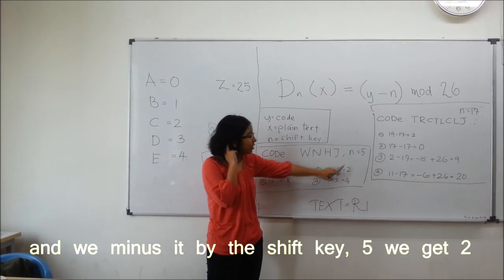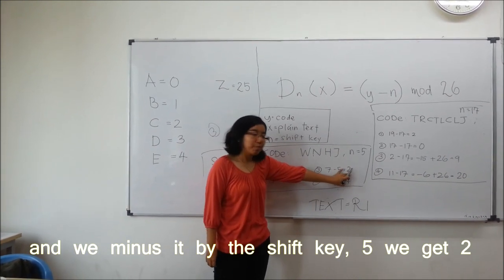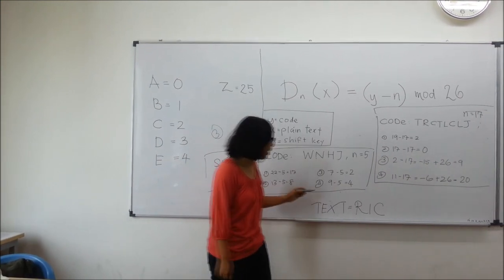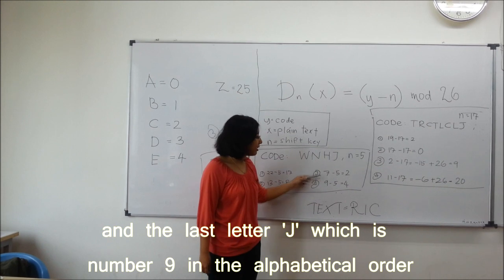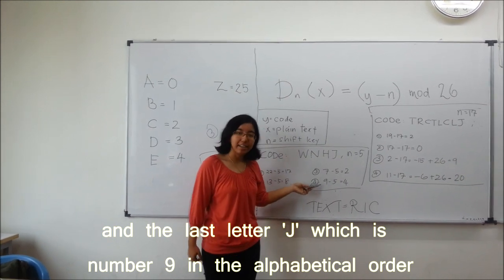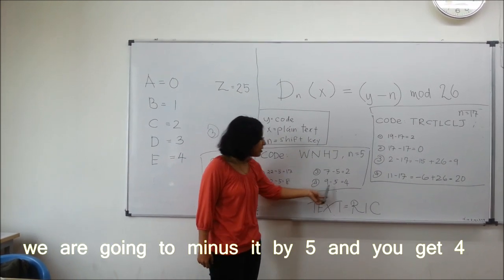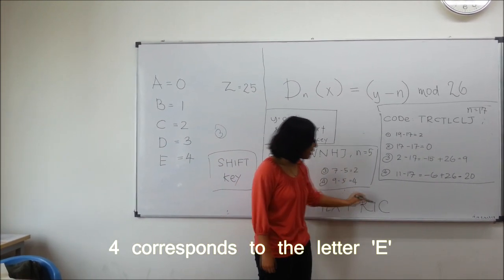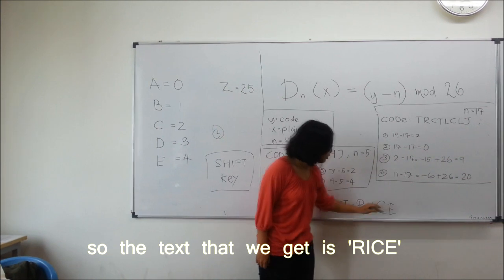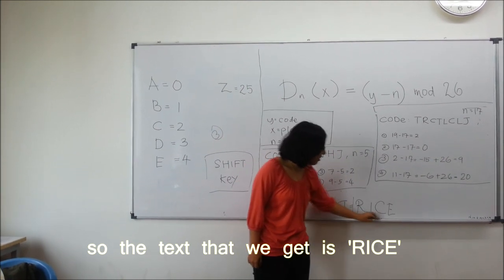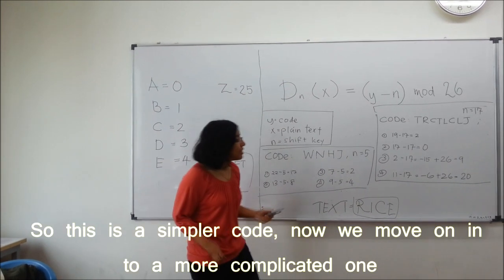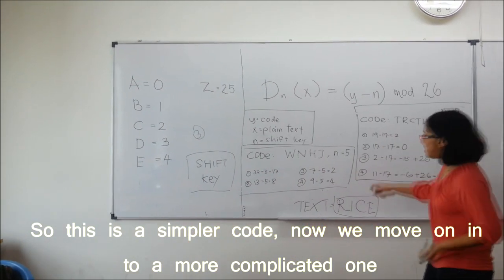And we subtract the shift key 5, we get 2, which corresponds to the letter C. And the last letter, J, which is number 9 in the alphabetical order, we subtract 5, and we get 4. 4 corresponds to the letter E. So the plain text that we get is R-I-C-E, rice. Okay, so this is a simpler code.